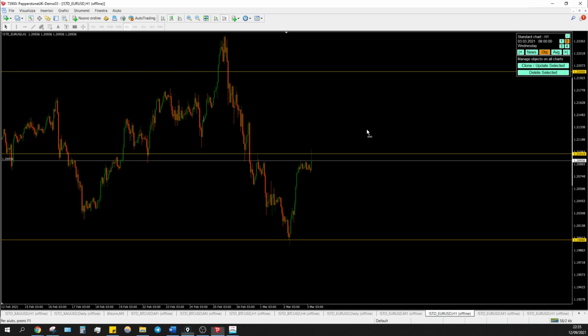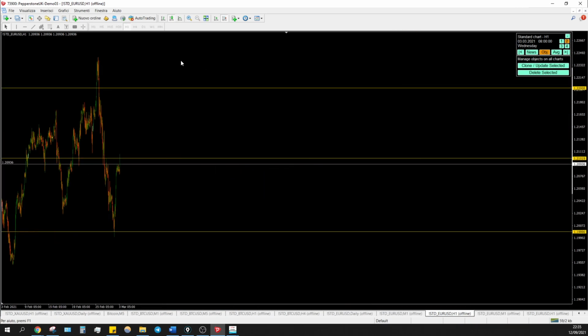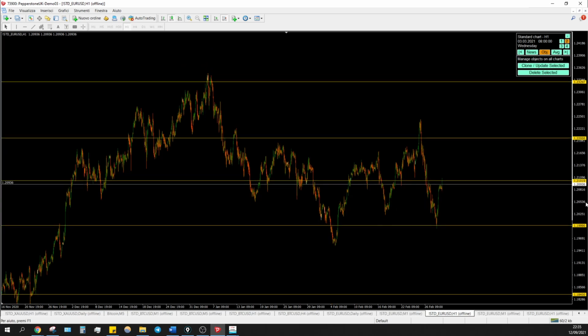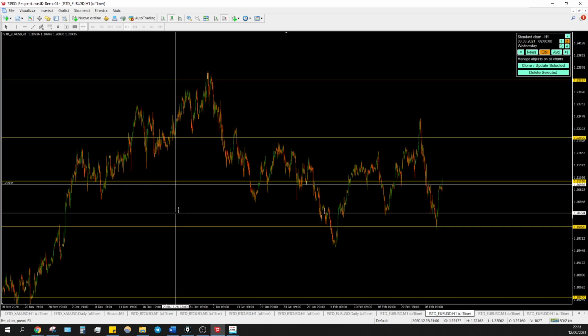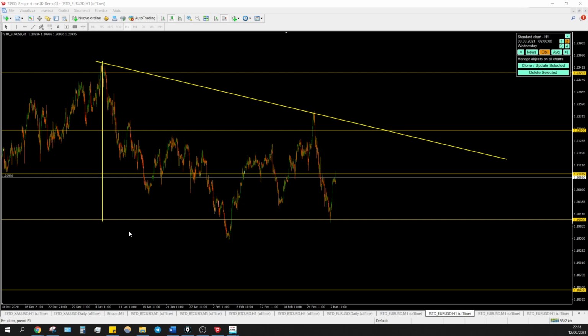On EuroDollar, on the hourly time frame, we can see that, as usual, like gold, like the pairs against the US dollar, when the optimism about the vaccines came out into the market, we started a high time frame bearish structure.